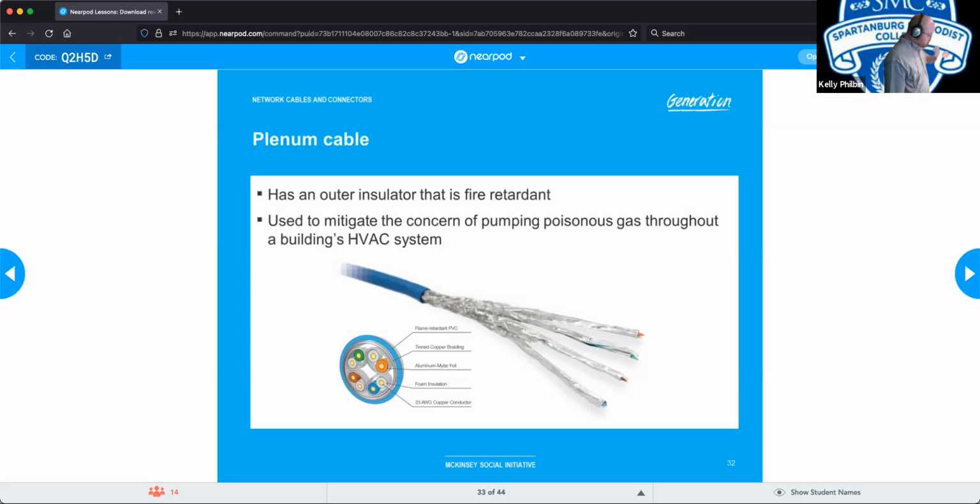So if ever you hear about drop ceilings, like you want to run a cable through a drop ceiling in an office or through an HVAC system or something like that, where the air circulation is, plenum cable is your answer. It is fire retardant, and if it does catch fire, it does not release noxious gases.